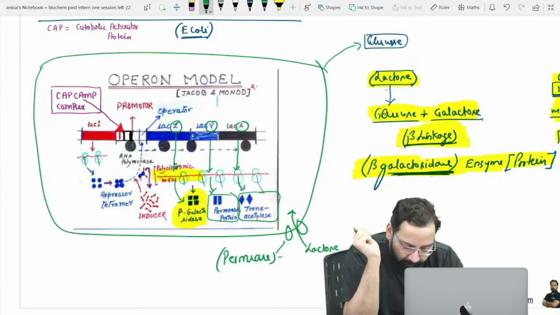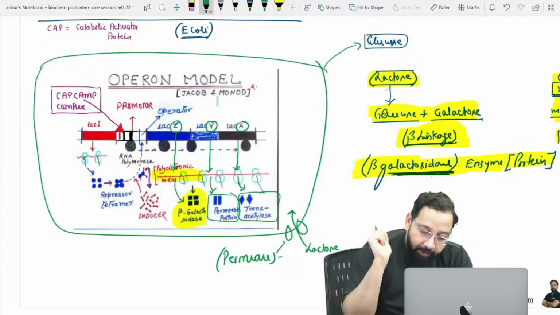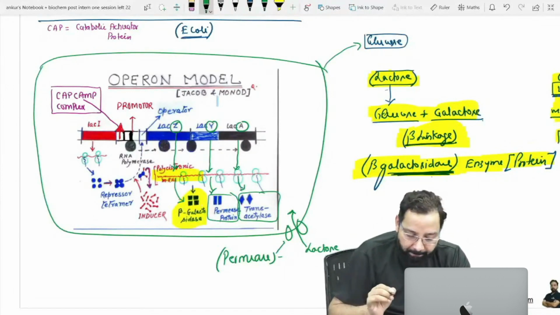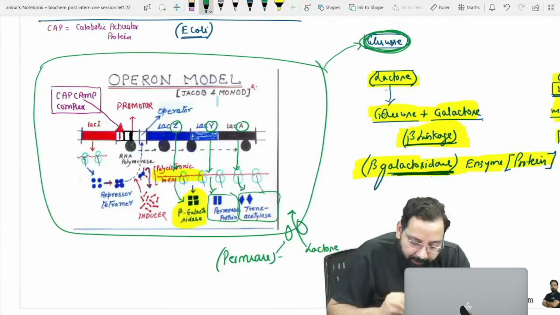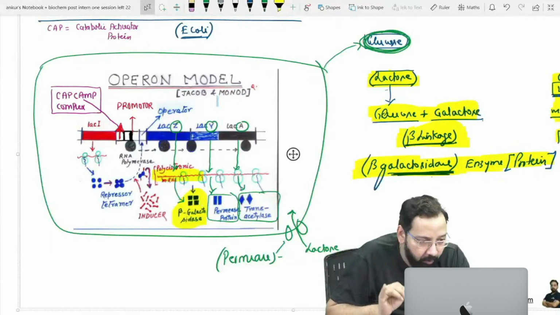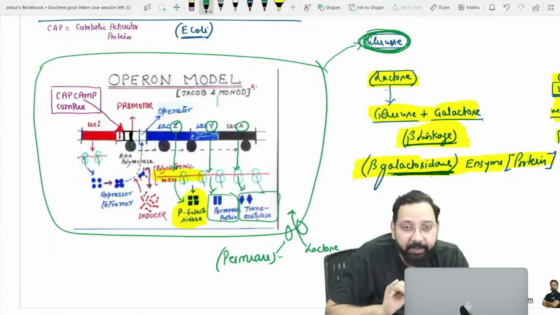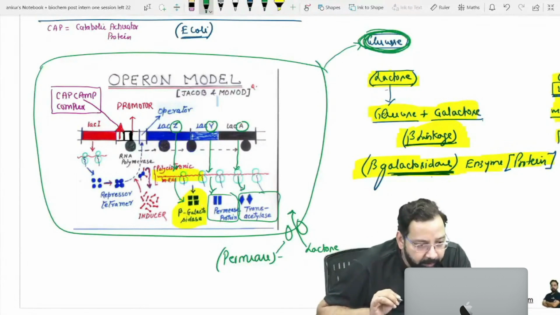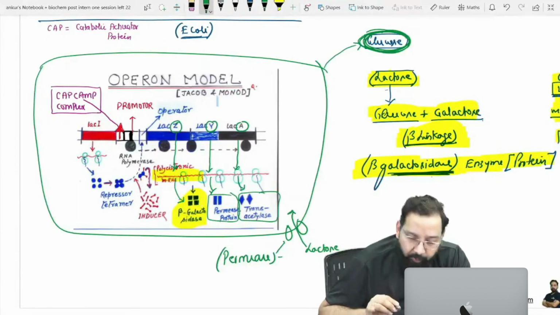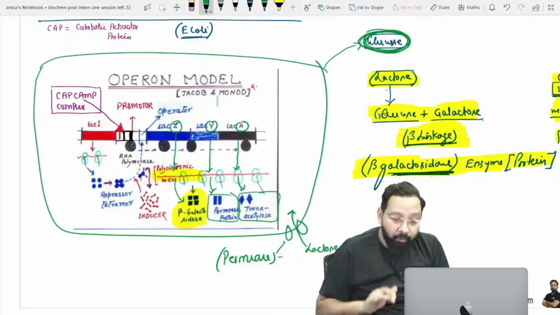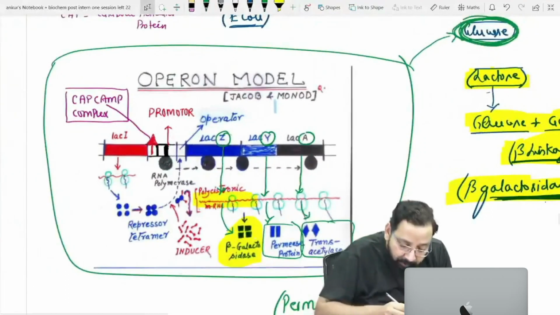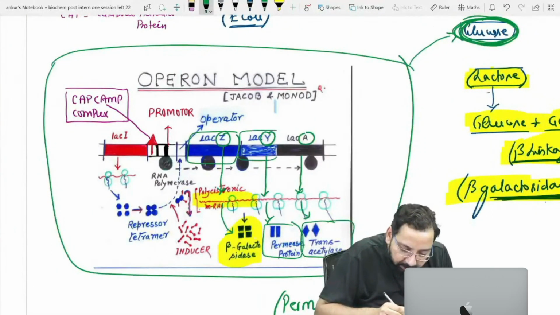Question is, if glucose is sufficient, is there any need to utilize lactose? Please do reply. There is no need to utilize lactose. So at that time, these genes must be kept in an inhibited state.